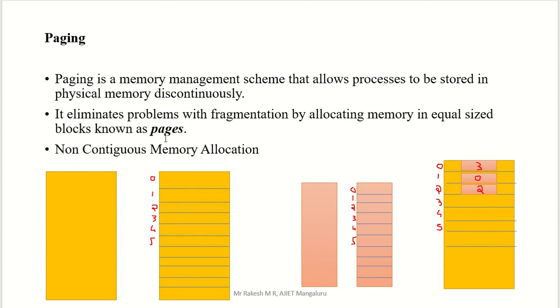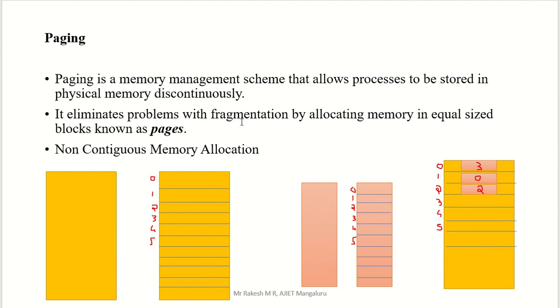The disadvantage in the previous case was fragmentation: internal fragmentation and external fragmentation, where space is wasted, as I told in the previous part. In contiguous memory allocation there is a lot of internal and external fragmentation. If you load a process inside a block and it does not fit, there is a chance of wasting memory.